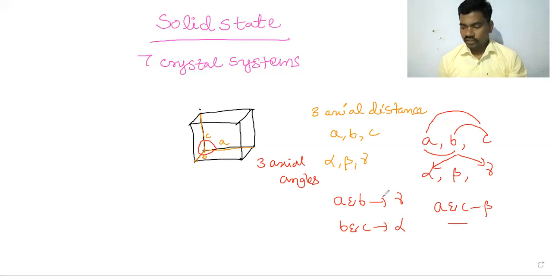So there are a total of 6 parameters: A, B, C, alpha, beta, gamma.